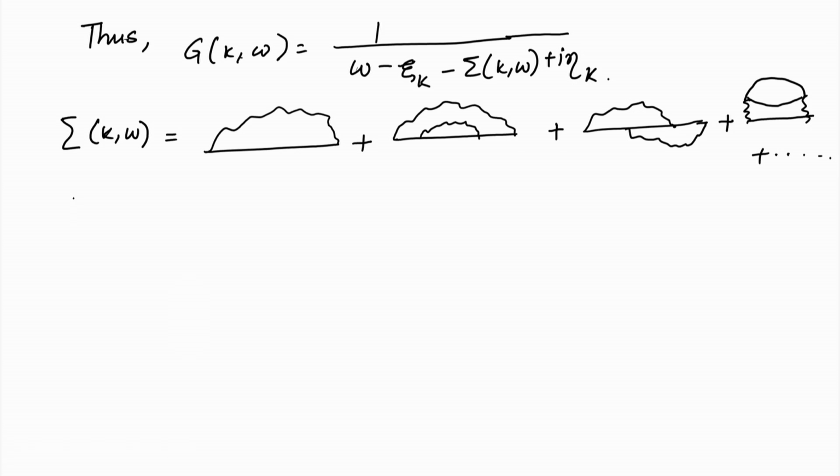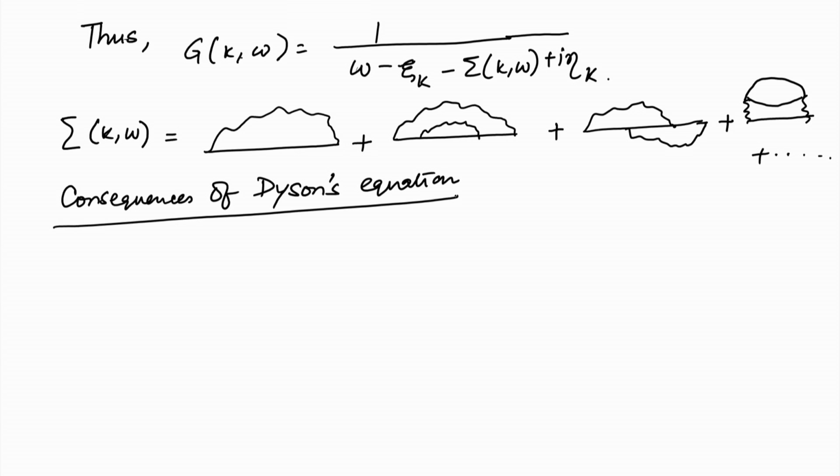So, consequences of Dyson's equation. The first one of them is that there are far fewer diagrams to calculate.